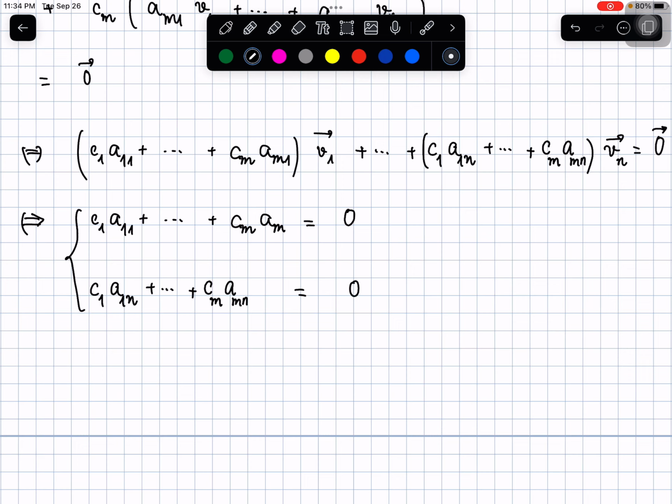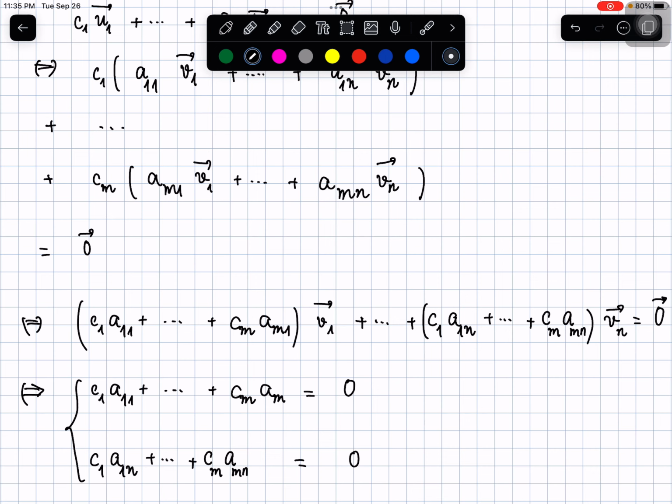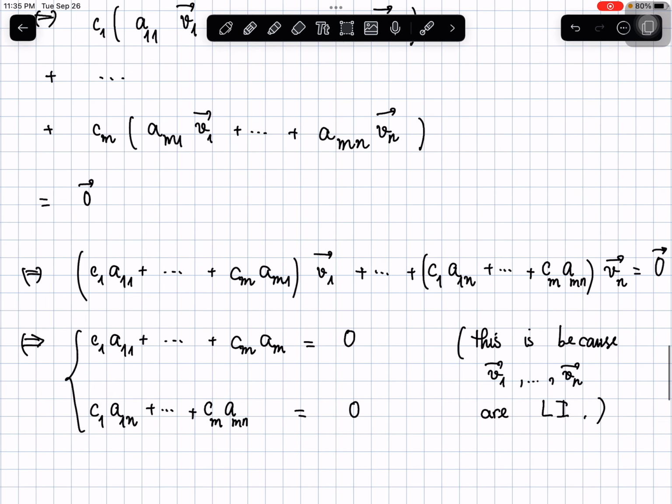Okay, so now what do we know? This is because v1 to vn are linearly independent. Now this is a system of equations, right?